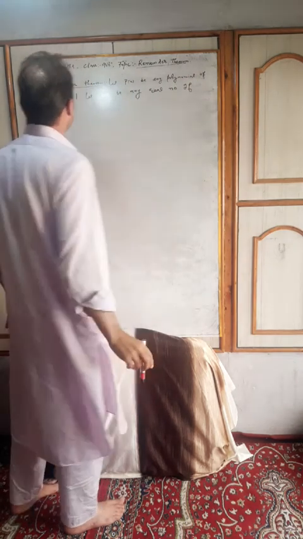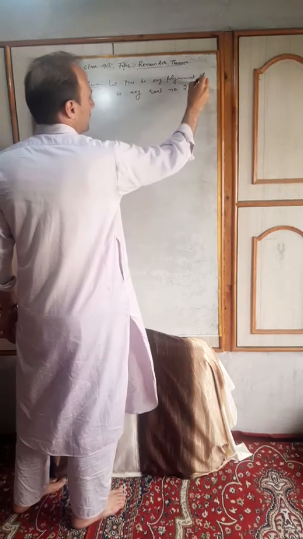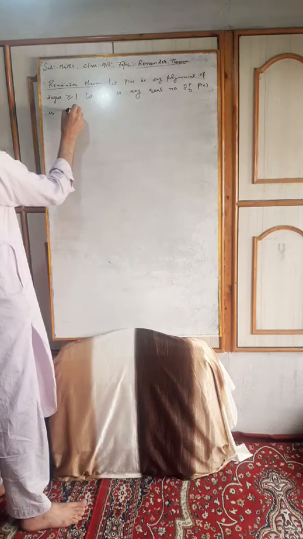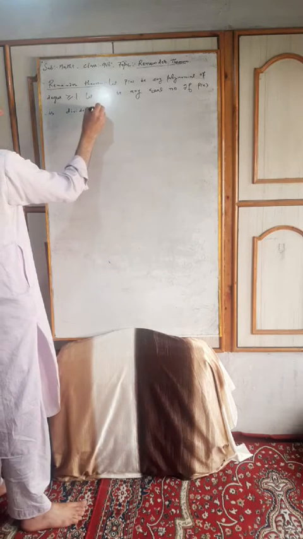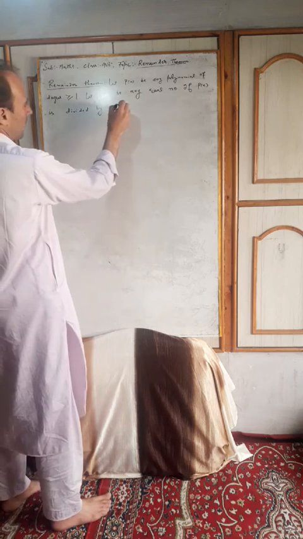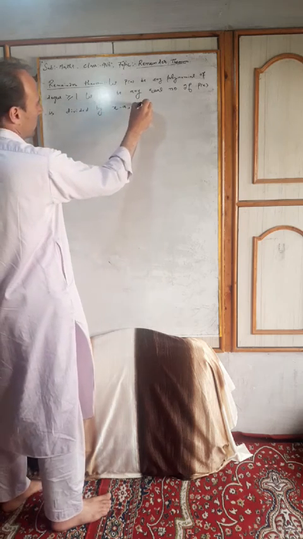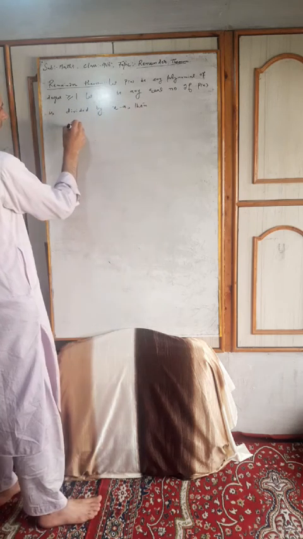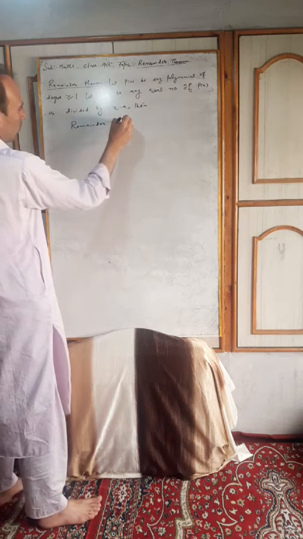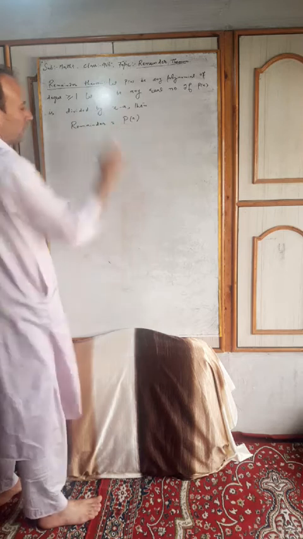If the polynomial p of x is divided by the linear polynomial x minus a, then the remainder is equal to p of a.